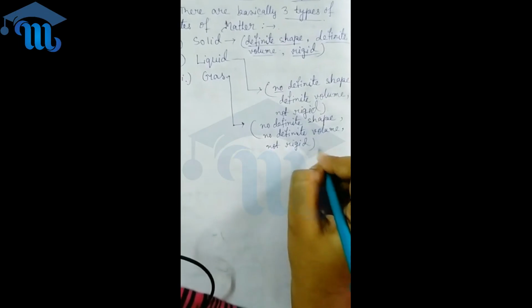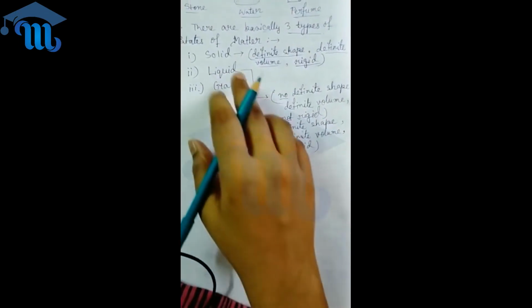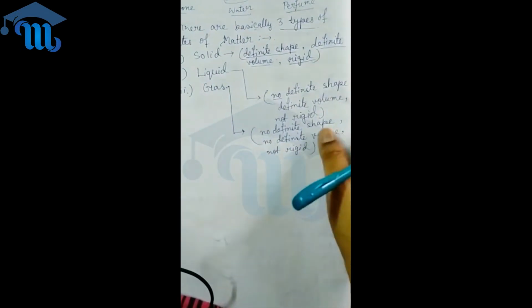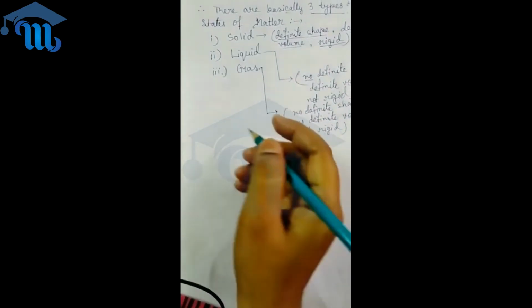So these are the basic three parts of the states of matter. Let's come to the next point.